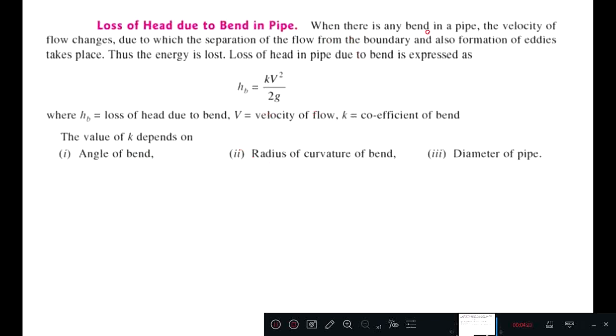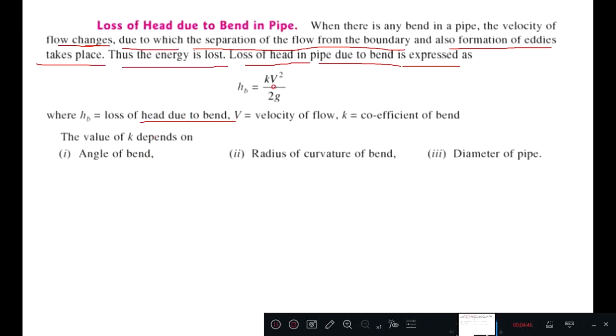When there is any bend in a pipe, the velocity of flow changes, due to which separation of the flow from the boundary and also formation of eddies takes place. Thus the energy is lost. The loss of head in a pipe due to bend is expressed as HB, which is equal to K into V square by 2G, where V is the velocity of flow and K is the coefficient of bend.